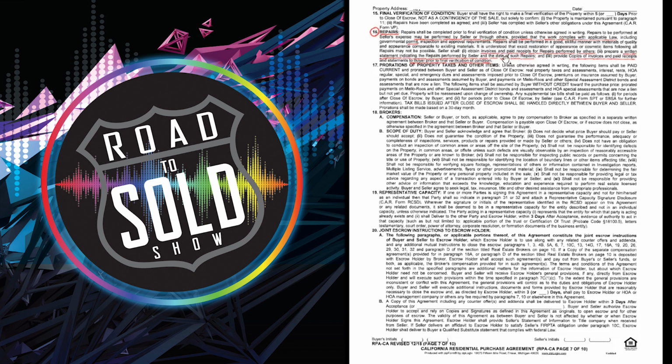As I said, there's other documentation that paragraph 16 requires. So a diligent buyer's agent is going to ask for these items, and a diligent listing agent is going to be sure the seller understands their obligation to provide these items and have them available to the buyer's agent.